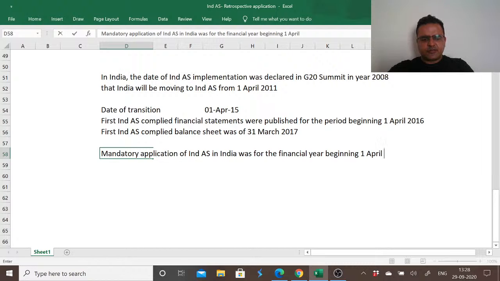So the financial year is beginning on 1st April 16. The financial year ends on 31st March 2017.